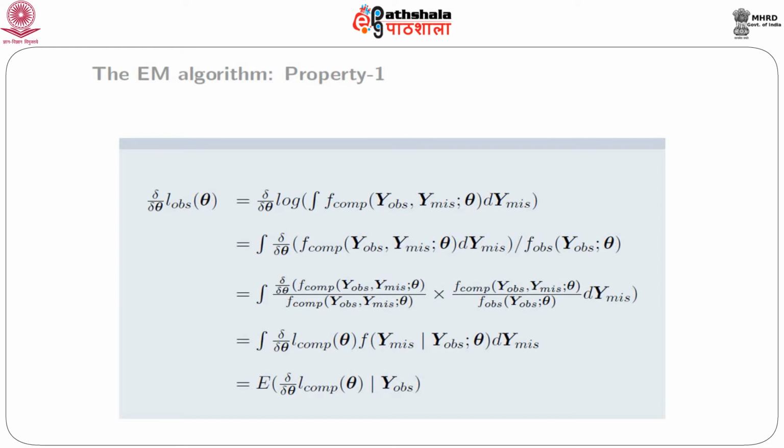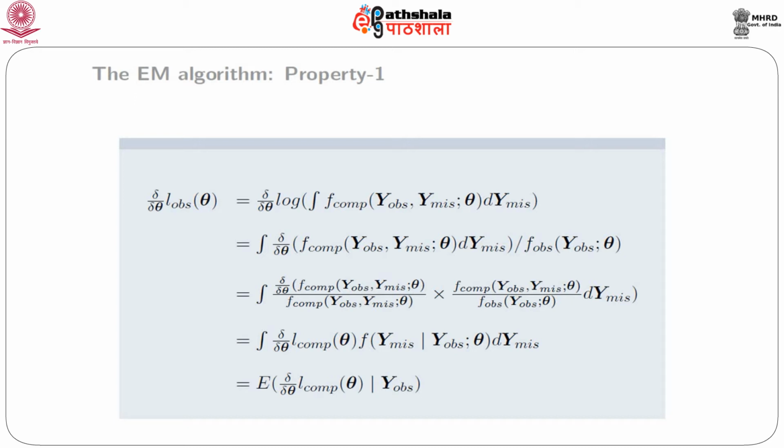So, the maximization requires the partial derivatives with respect to theta of the log likelihood, which is here represented by L observed of theta, and this is nothing but the partial derivative with respect to theta of the logarithm of the integral of the complete data likelihood integrated with respect to the missing data.